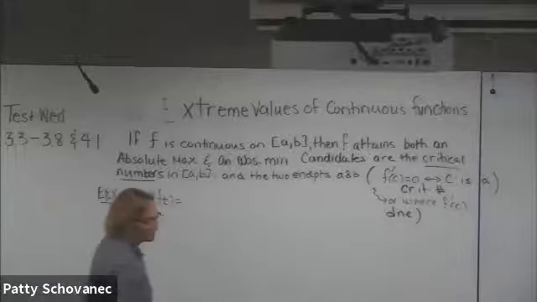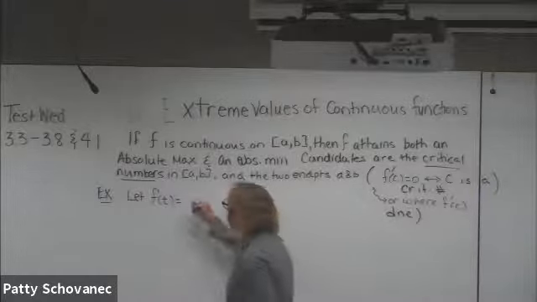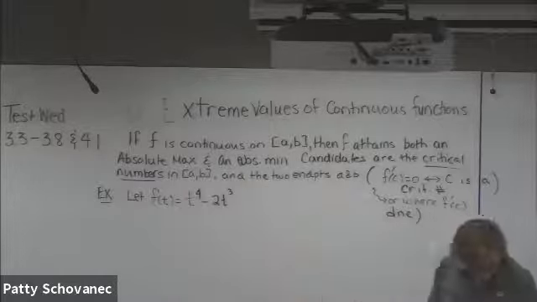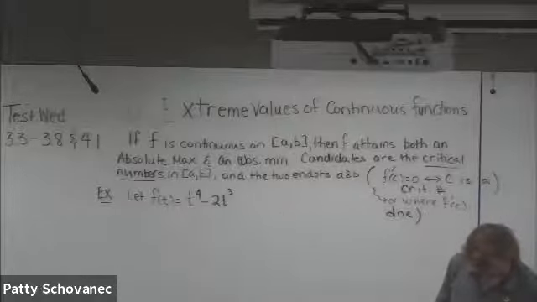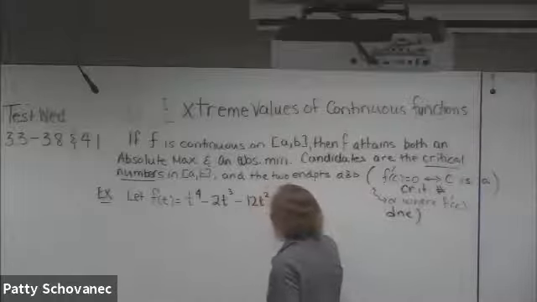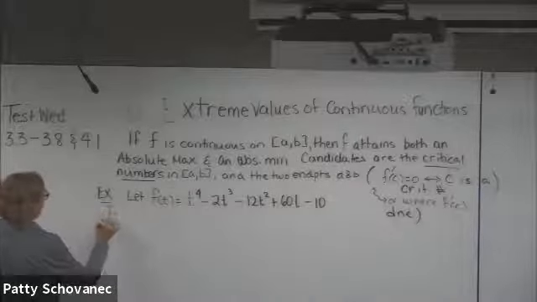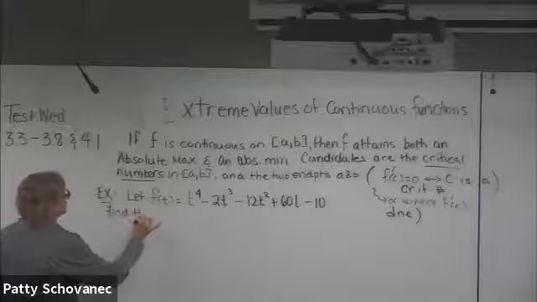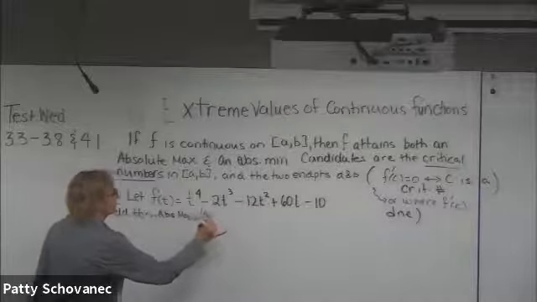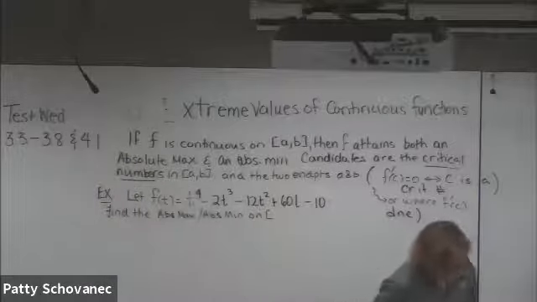The polynomial function t to the fourth minus 2t cubed minus 12t squared plus 60t. I want to find the absolute max and absolute min on the interval, I think from 0 to 3.